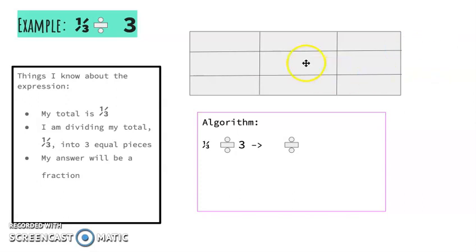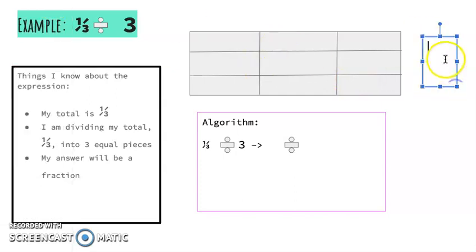So now I divide it into 1, 2, 3 pieces. So now the next thing that I'm going to do is I'm going to count the total number of parts that I have now. So I have 1, 2, 3, 4, 5, 6, 7, 8, 9. So I have 9 total pieces.